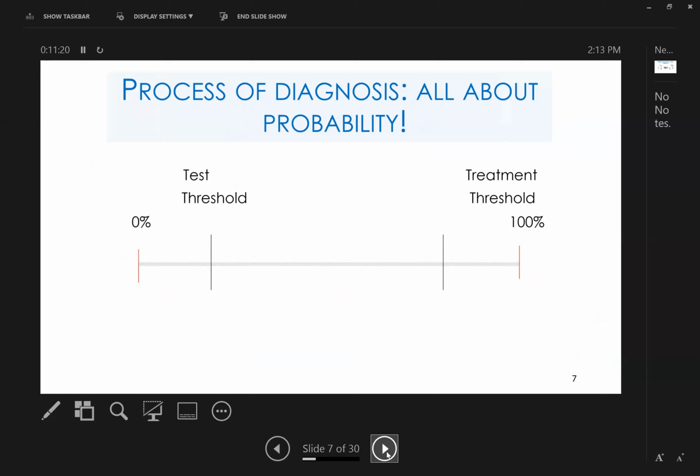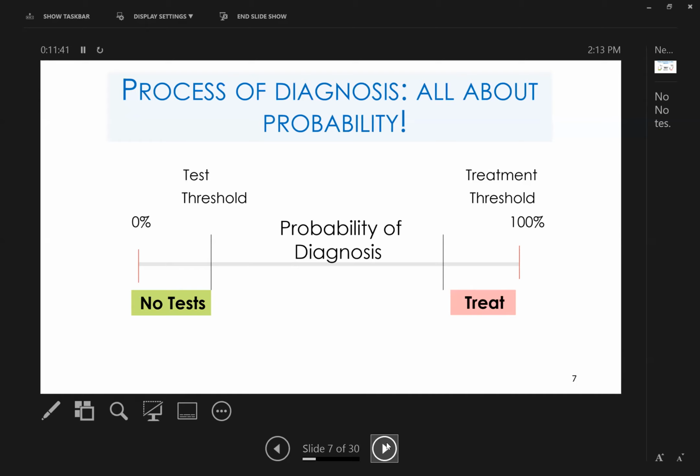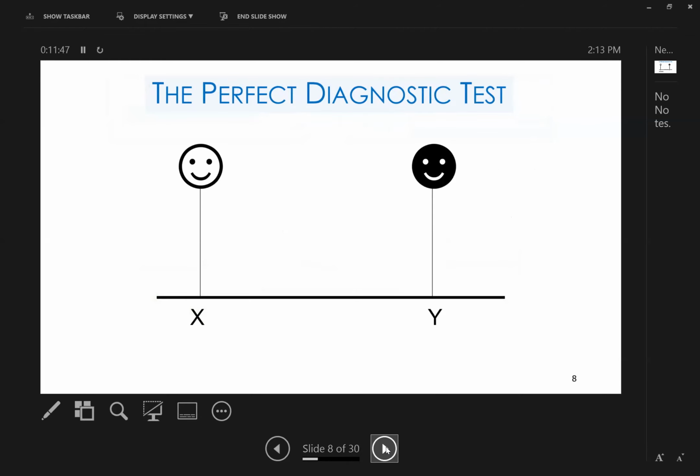So I was explaining that we need to think of diagnosis as a probability game, right? It is a probability game. When the probability of disease is very low, we shouldn't be testing really, right? We should leave people alone and not be chasing after something. When the probability of disease is very high, we probably don't need to worry about testing. We can just treat. The real issue now is somewhere in the middle where there's a lot of uncertainty, and that's where we need to test.